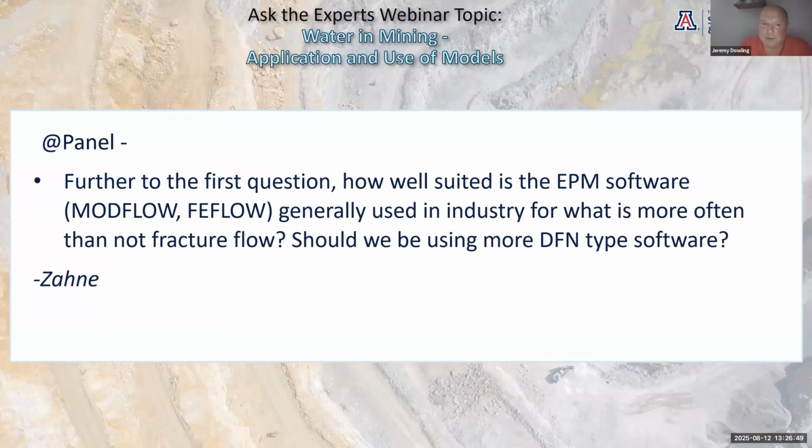If you know something about the faults, you can include bedding geometries, and you can include the ore deposit and the intrusive geometries and the contrasting hydraulic properties of those different units if you know them. So you can create a very variable equivalent of a fractured media, to the extent that you have knowledge of that system, within an EPM framework almost every time.